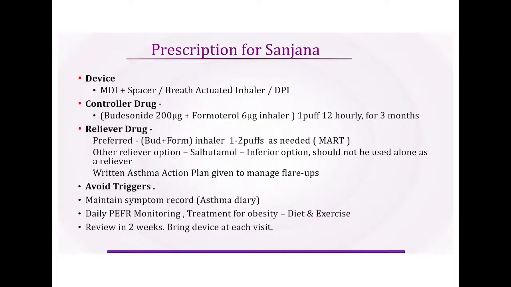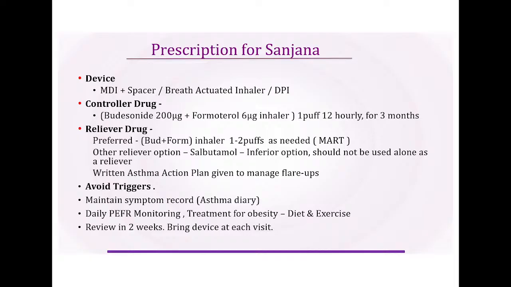Other alternative options are a breath actuated inhaler or DPI, but the most effective is MDI with a spacer. As controller drug we can use budesonide plus formoterol, 1 puff BD for 3 months, and as reliever drug we can use the same combination, this is called MART. The other reliever option is salbutamol, that is an inferior option and should not be used alone as a reliever.